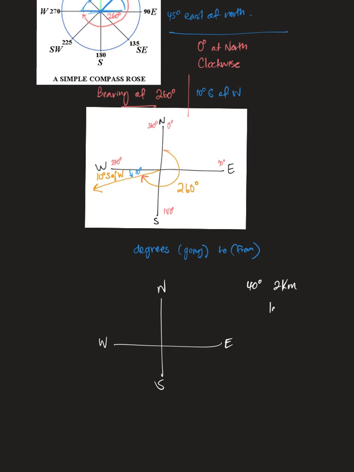So I'm going to say 1 centimeter is to 1 kilometer. So I'll measure with the protractor 40 degrees is here somewhere. And this line here is 2 centimeters long and will represent 2 kilometers. So bearing, remember, you're moving in a clockwise direction. Right, and that's how we work with direction.